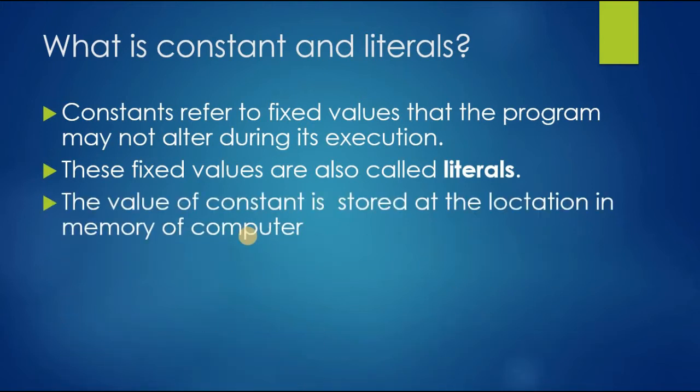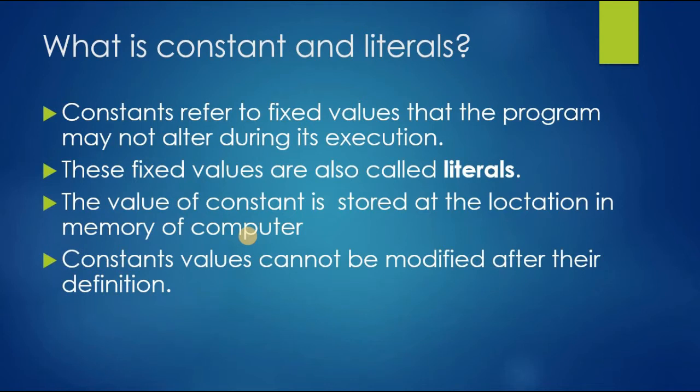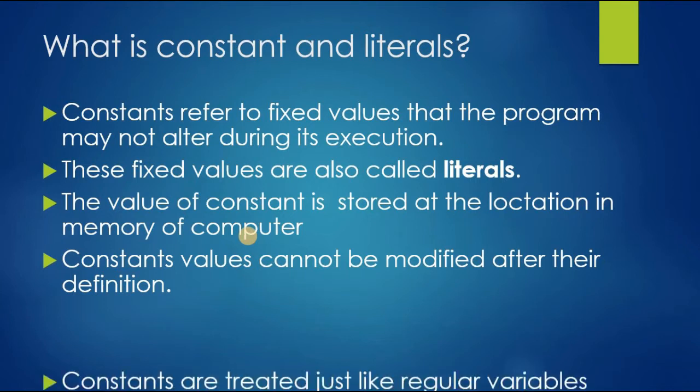The value of a constant is stored at a location in the memory of a computer. Means when we declare the constant variables, at that time the values are stored at the computer's memory location. Constant values cannot be modified after their definition. Means once we declare the constants, after that we can't change the values for the constant variables.